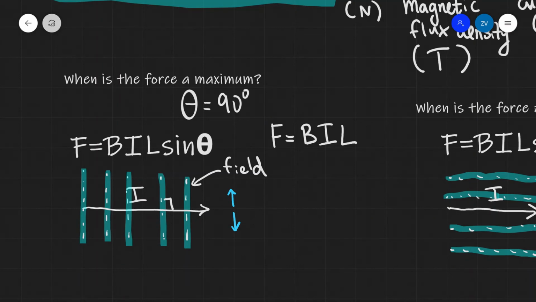If the field is going into the board, it will also be at 90 degrees to this wire, or if it was going out of the board, it will also be at 90 degrees to this wire. You can kind of think of it, let's see if I can sort of draw in sort of 3D. You have to imagine this kind of coming in or out of the board. So it could either be going up or down or in and out of the board.